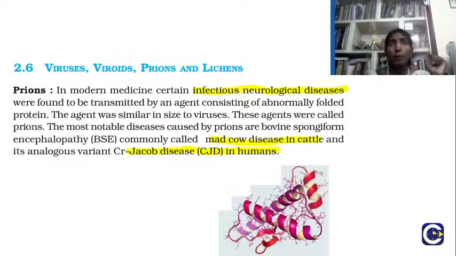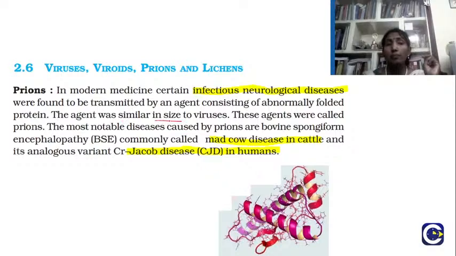Then we have the prions. Prions are abnormally folded proteins. They were first noted for causing diseases in cattle as well as humans. They are similar in size to viruses but are not actually viruses, but abnormally folded protein. In modern medicine, certain infectious neurological diseases are transmitted by an agent having abnormally folded protein.